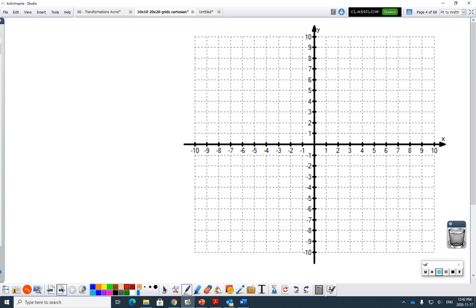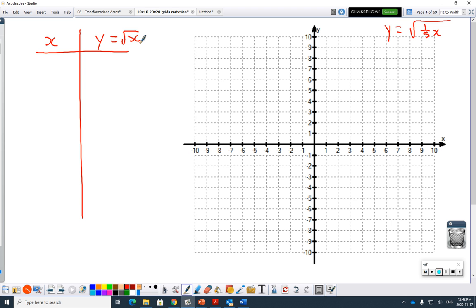Now, they want me to graph, over here, y equals square root of 1/5 x. If you need all the steps, which, again, I have no judgment for that right now, use all the steps if you're having trouble with these. Make a table of values for the base function, which is y equals root x. Now, here's where it helps to really know your base functions, at least the shapes, to know what root x sort of looks like.